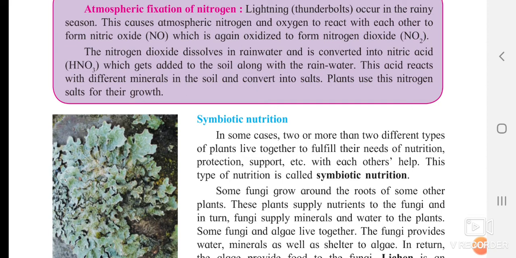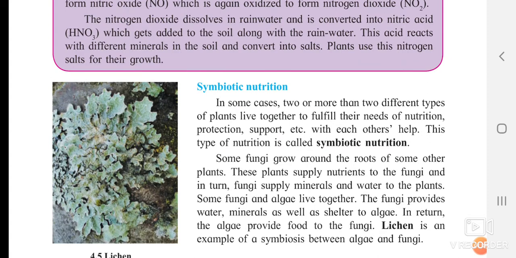Now you should understand one thing, fungi and algae. What are they doing? Fungi, in Marathi we call burshi, and algae means shewal. One is giving out the minerals and water. So the fungi provides the water and minerals as well as shelter. In return, algae gives the food to fungi. So it is like give and take.